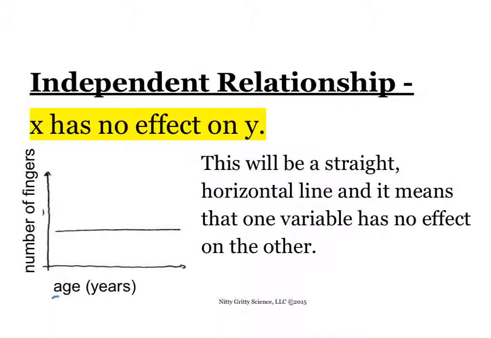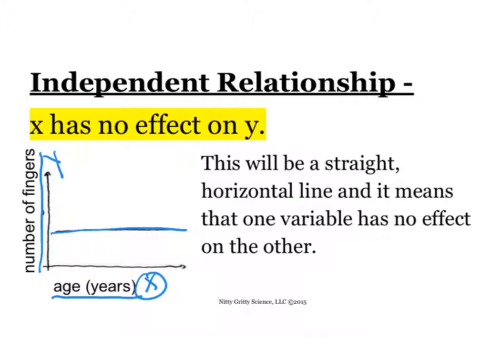So in this example here, here's my age. So if you are a certain age, this would be X, then your age has no effect on Y. Your age has no effect on the number of fingers that you have. So this is going to be a straight horizontal line like this. It means that how old you are doesn't affect the number of fingers you have, right?